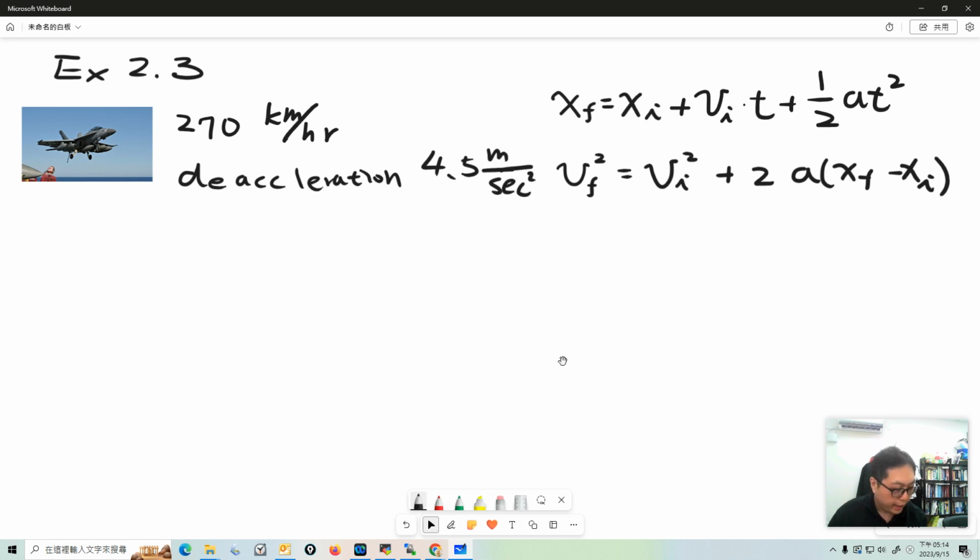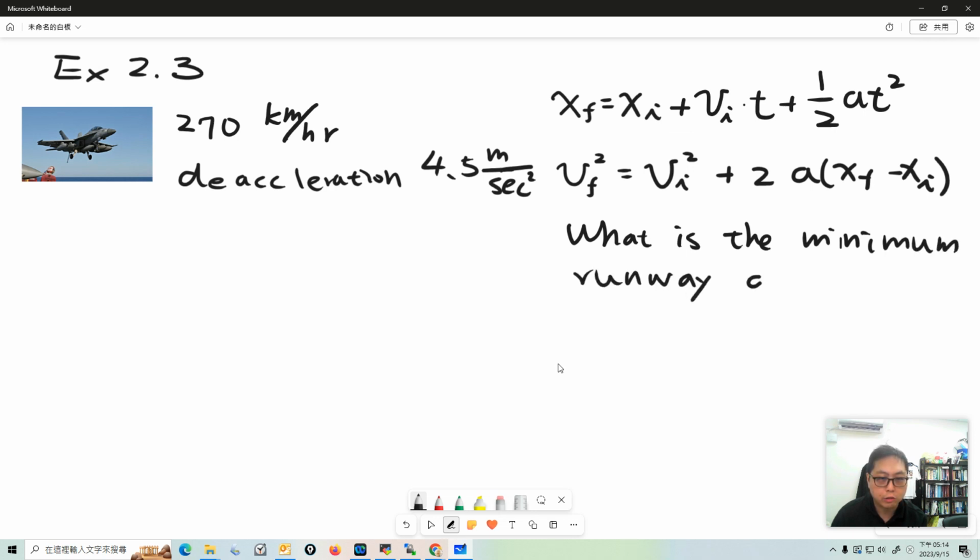The question is, what is the minimum runway distance to stop the jet?